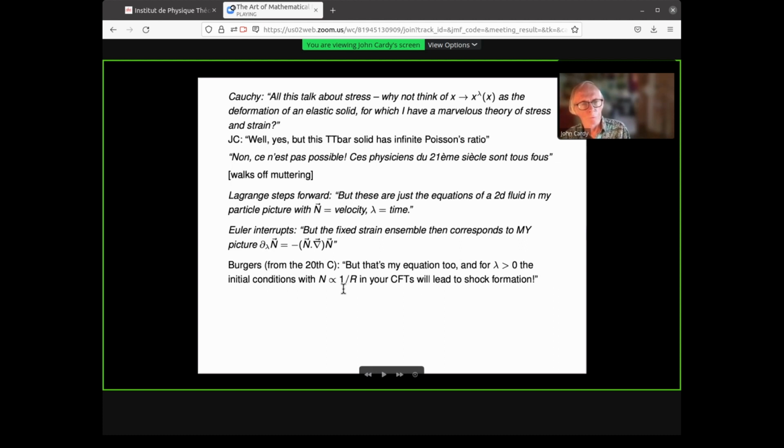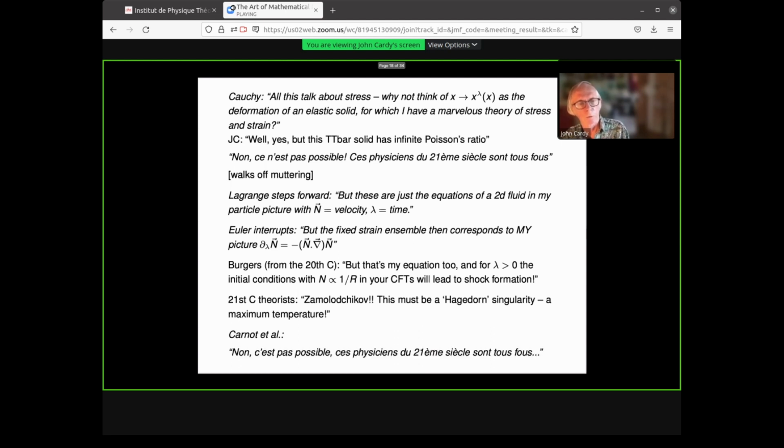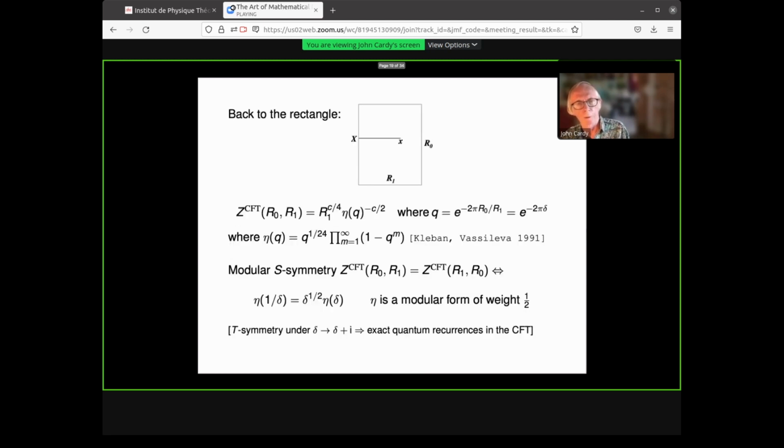And then the physicists from the 21st century say, aha, this must be a Hagedorn singularity, a maximum temperature. At which point the physicists from the academies, the older guys, say, non, c'est pas possible, you're all mad. Anyway, that's the end of my interlude here, and we should go back to the rectangle.